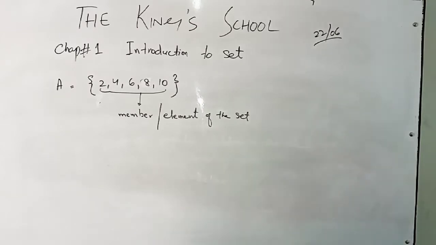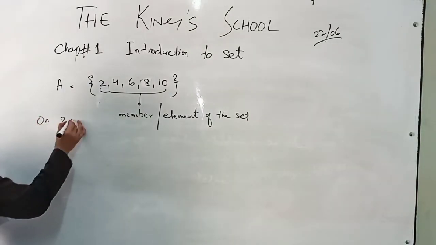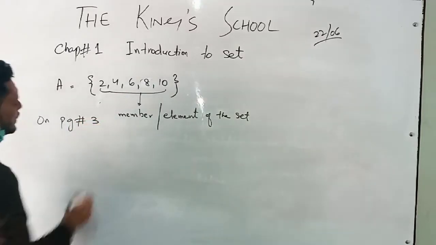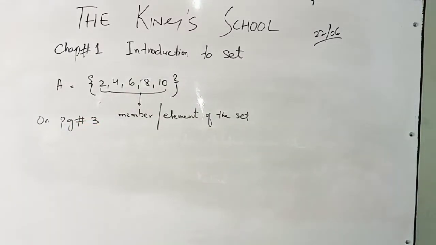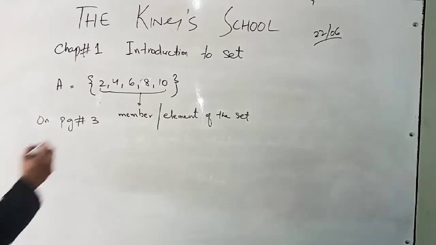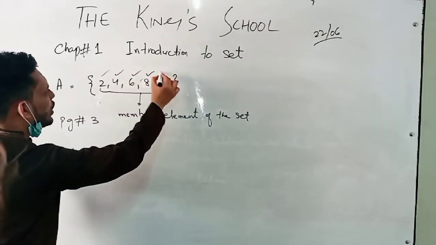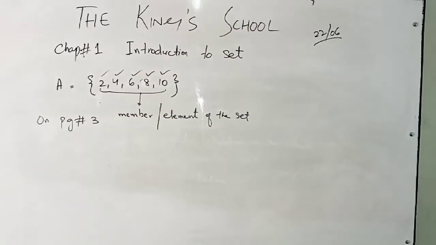And on page number 3, the definition of element or member is mentioned. The objects in a set are called members or elements of the set.